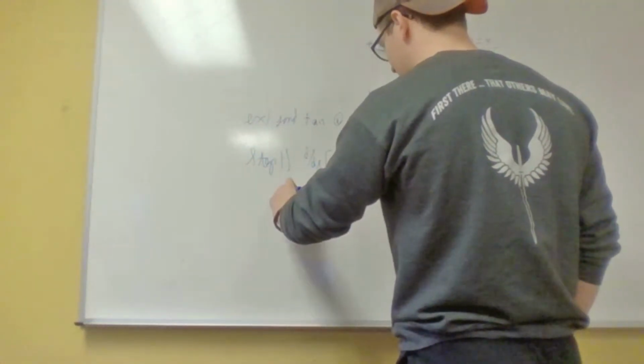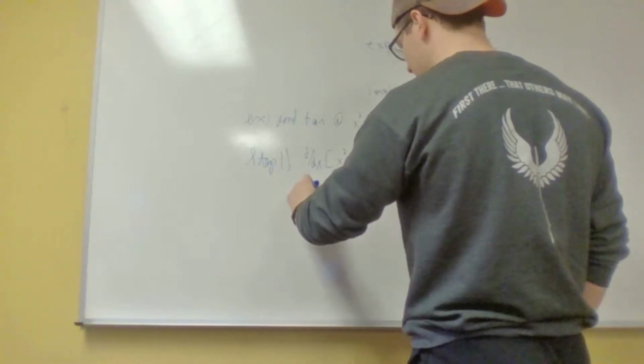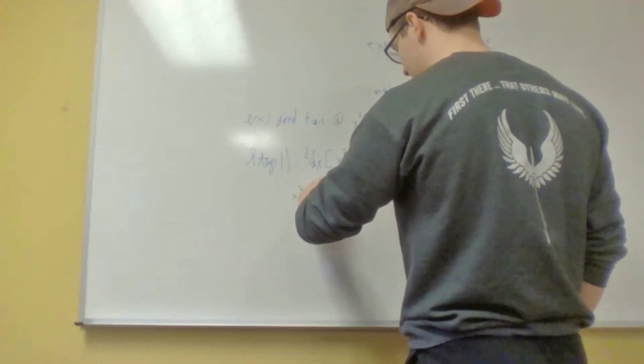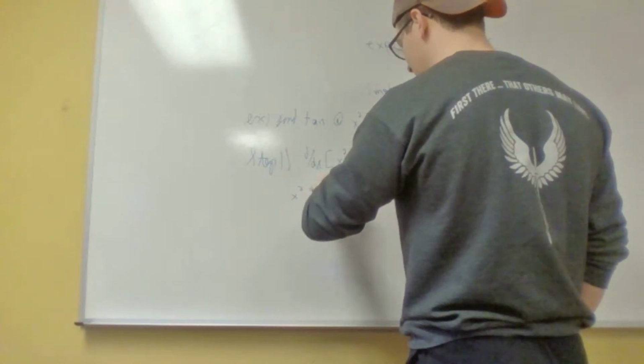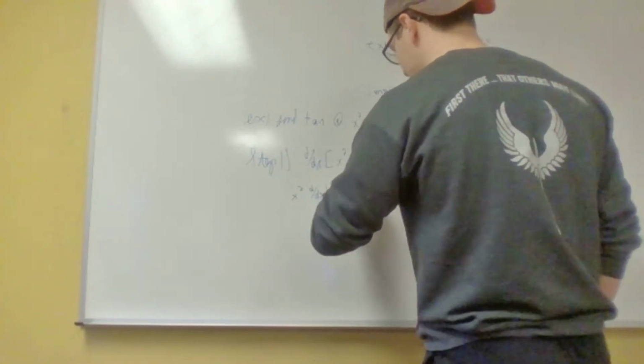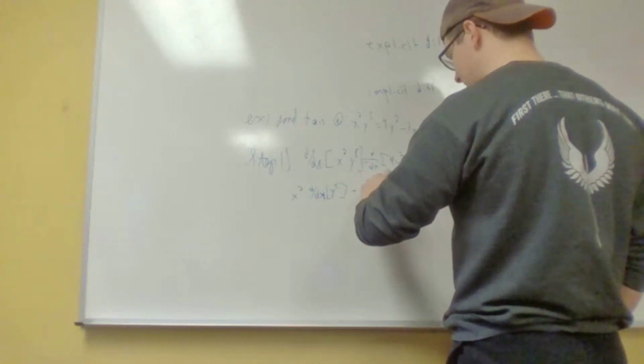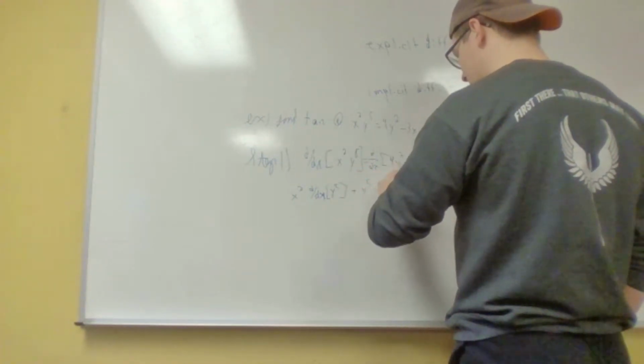So we take x squared multiplied by the derivative of y to the fifth, plus y to the fifth times the derivative of x squared.